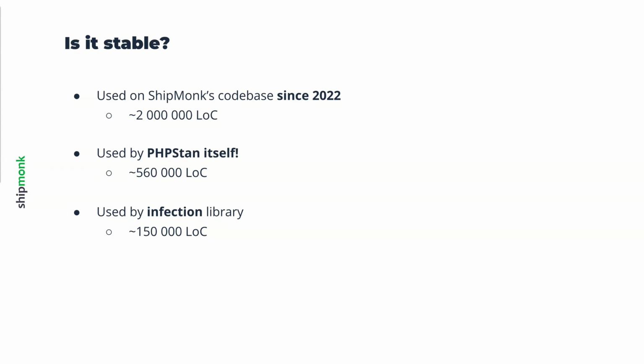It's used by PHPStan itself, so even PHPStan is using our tool in the CI, and that's a library that's really complex, and also has many lines of code, so it's working flawlessly even there. And recently, even the Infection library started using it, and that one is pretty big too.